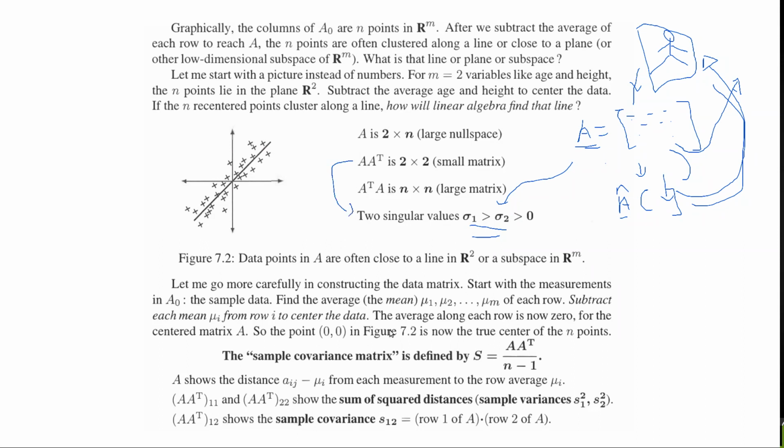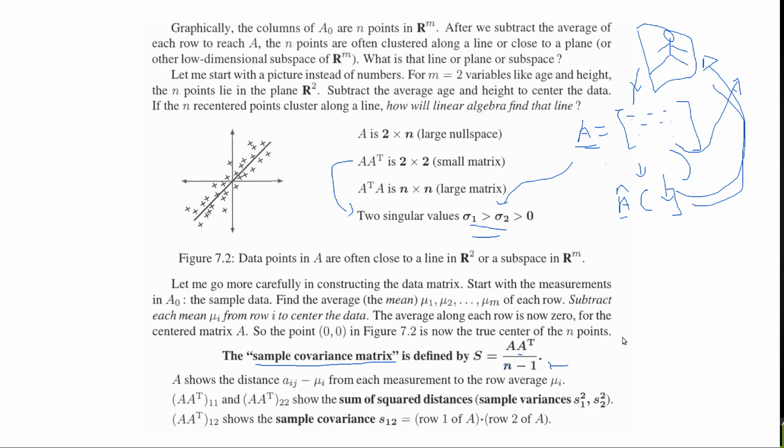And we can find what we call the sample covariance matrix if we have A A transpose, so this is the 2 by 2 divided by n minus 1, where n is the sample size. So then we go into statistics and probability here.